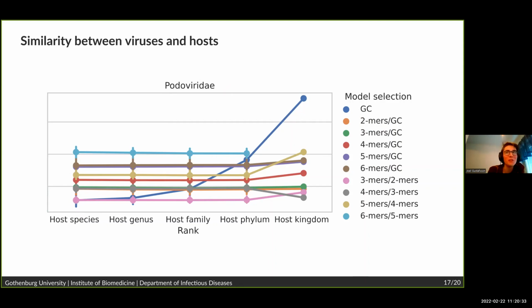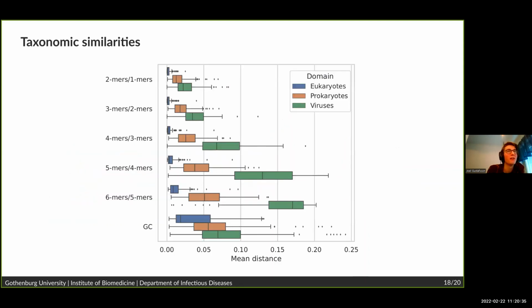But when we do this analysis, we also have to bear in mind that a lot of these hosts are also very similar to each other. So for instance, if we look at the dinucleotide usage, if we correct that for 1-mers or for GC content, all of the eukaryotic families are already very similar.